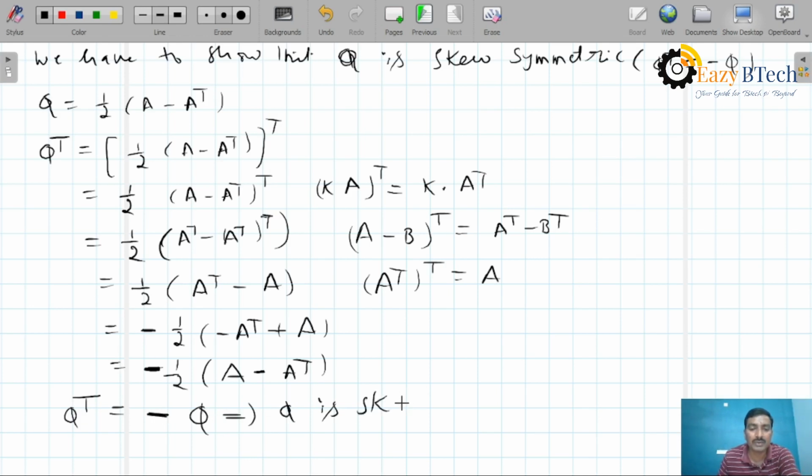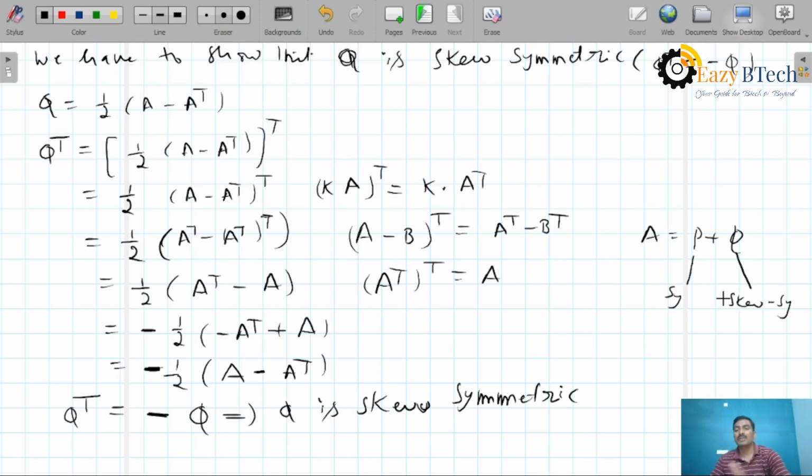Therefore Q is skew symmetric. So here we proved A equals P plus Q, where P is symmetric and Q is skew symmetric.